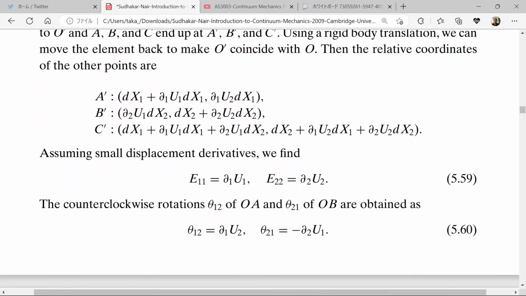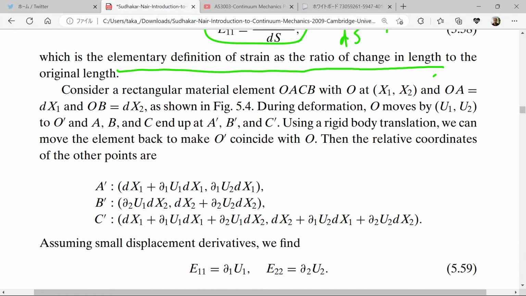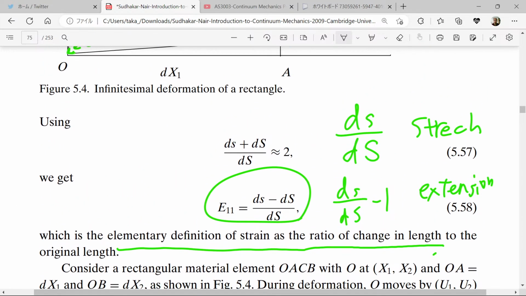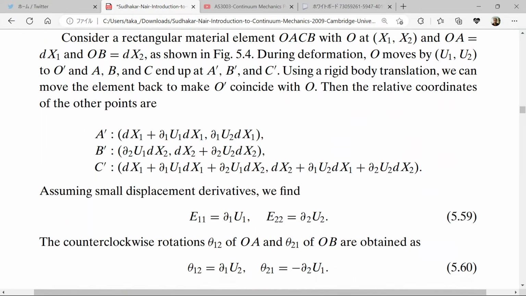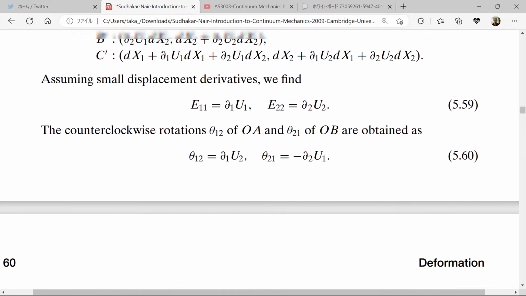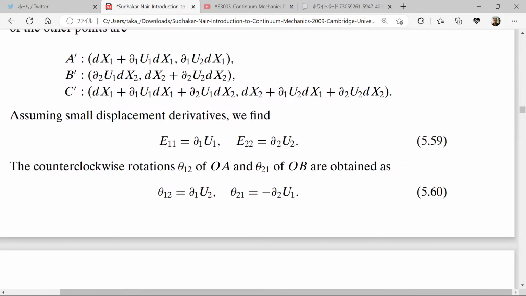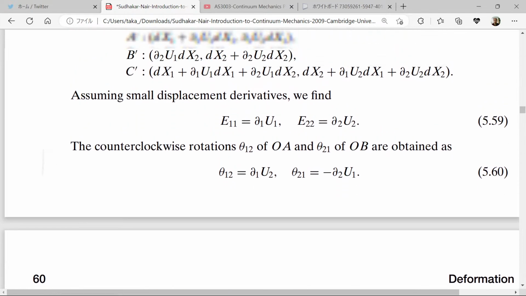I think we have too many definitions. Small displacement derivatives. We have to go back to the original definition. Okay, maybe I need to work out in my notes. I don't understand quite well. So let me stop here.